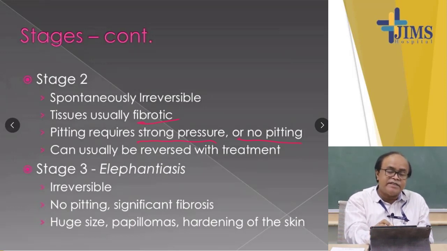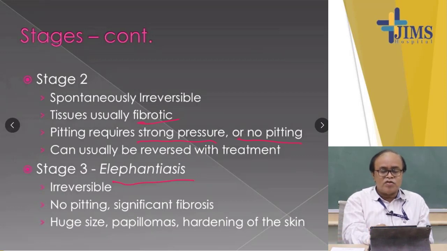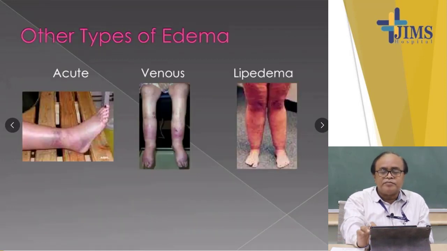Then stage 3, which is called elephantiasis. It is irreversible, damage has occurred, and the swelling never disappears. There is no pitting, significant fibrosis, the skin has lost its elasticity, there is huge size, papilloma, hardening of the skin, etc.